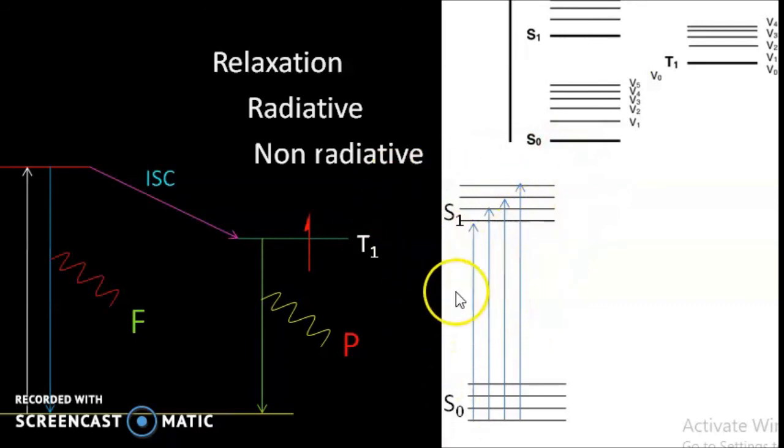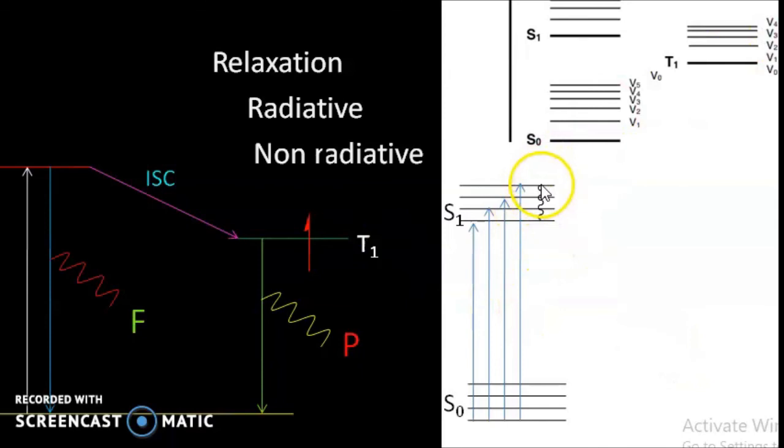Now that depends upon how much energy has been absorbed. When you compare the electron in the first vibrational energy level to the electron in the fourth vibrational energy level, the electron in the fourth will have a higher energy. So there is another way of relaxation, in which the electron from the higher vibrational level comes down to the lower vibrational level of the same excited state, same electronic state.